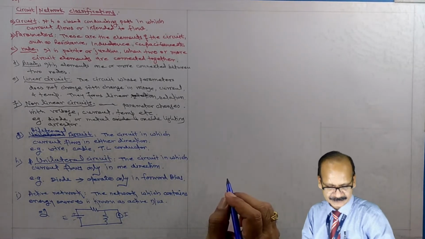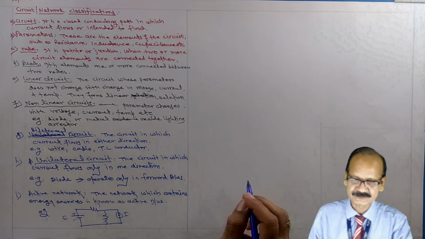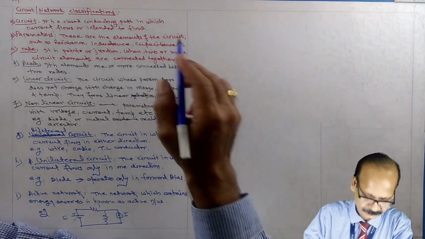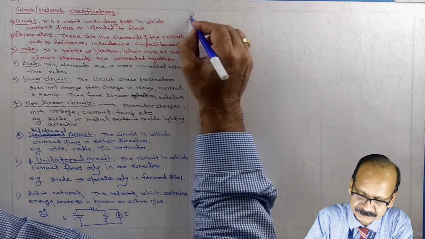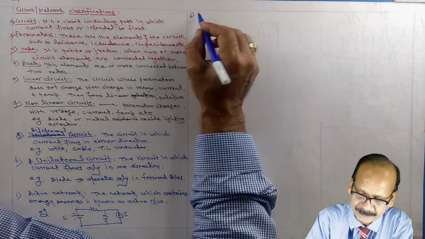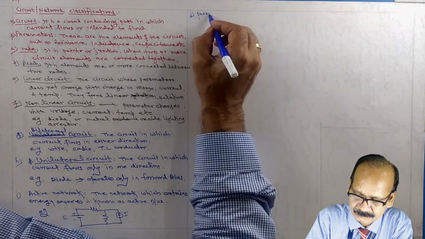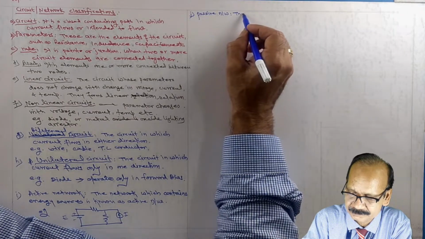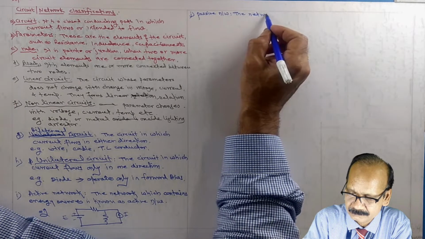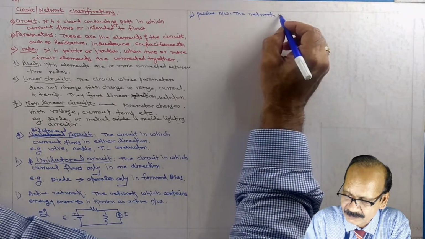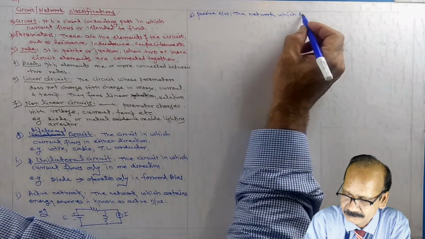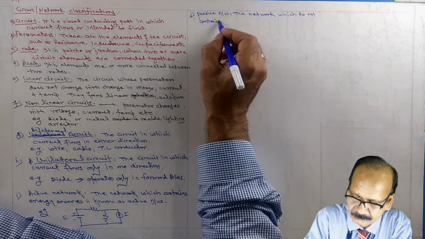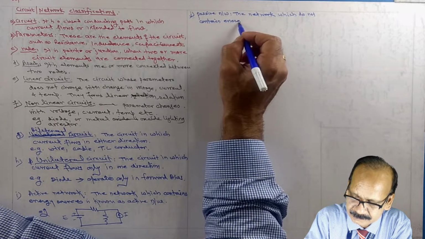So this is an active network which contains a voltage source as well as a current source, or any one source. Okay. Then the next one is the passive network. The network which does not contain energy sources.